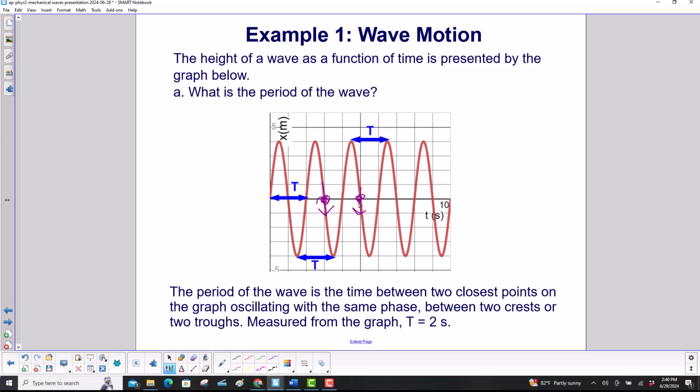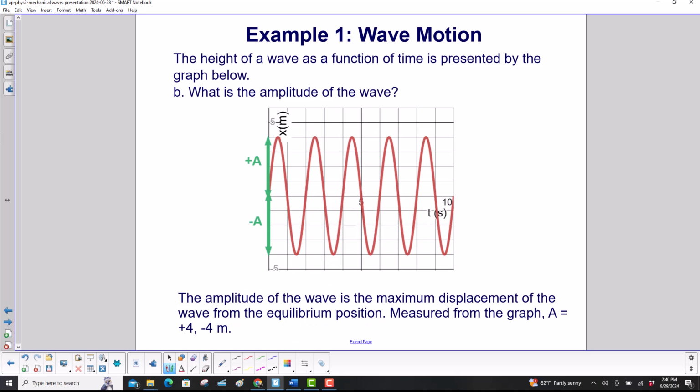Or an easier way is to take the distance between two crests or troughs, and in this case we get 2 seconds. The amplitude of the wave is the maximum displacement of the wave from the equilibrium position. From the graph, here's your equilibrium position, the max over here is 4, and over here is -4, and we just need the amplitude, which is 4.